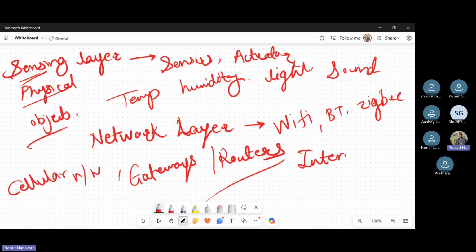And when we talk about IoT, depending on the application, encryption features could also be implemented at this layer, considering the criticality of the IoT application in the picture.